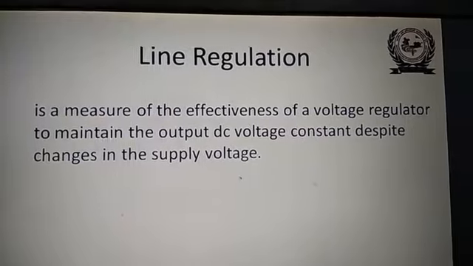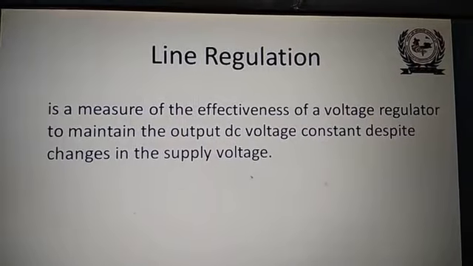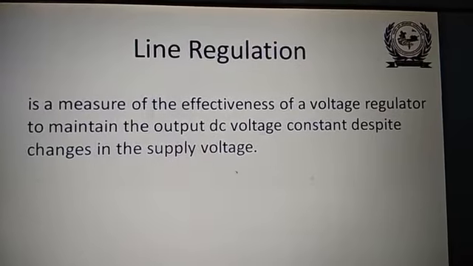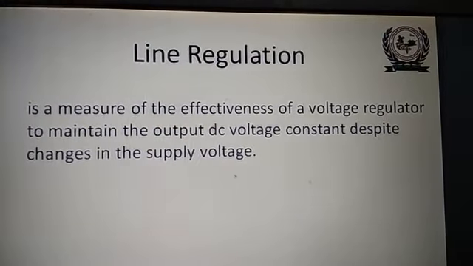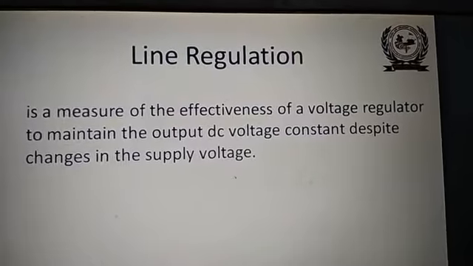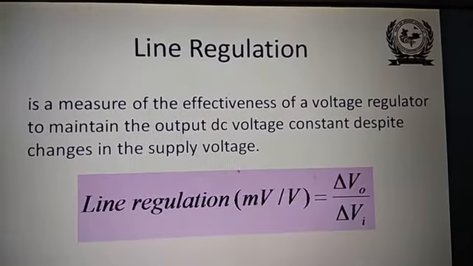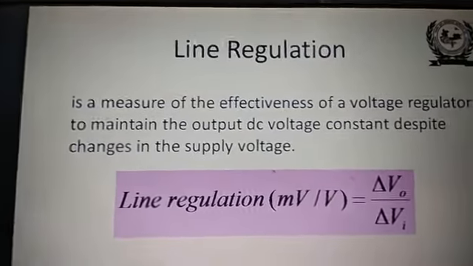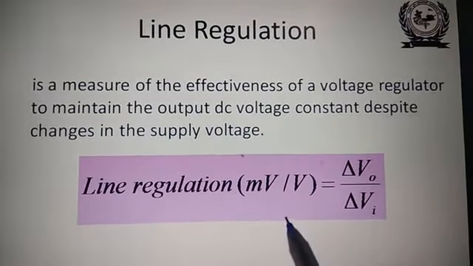Line regulation means it is related with the line voltage. So to maintain the constant output voltage of the regulator irrespective of the change in the supply voltage is called line regulation. You can see this is the formula for the line regulation, and the unit is millivolt per volt.